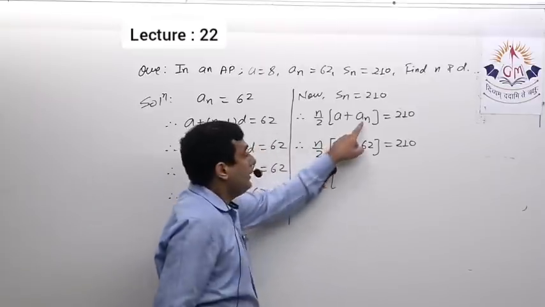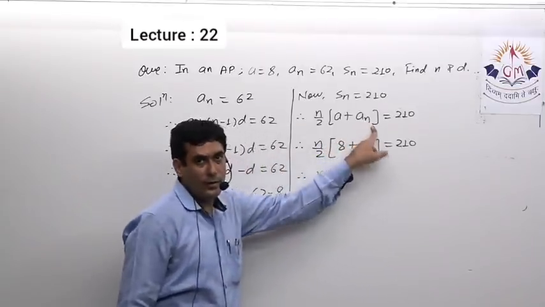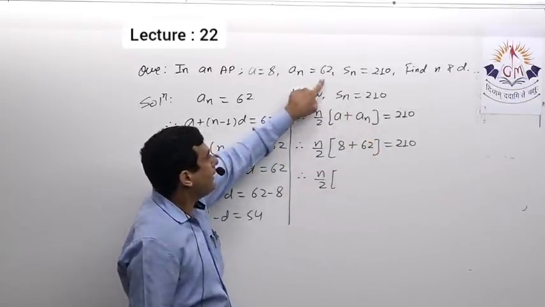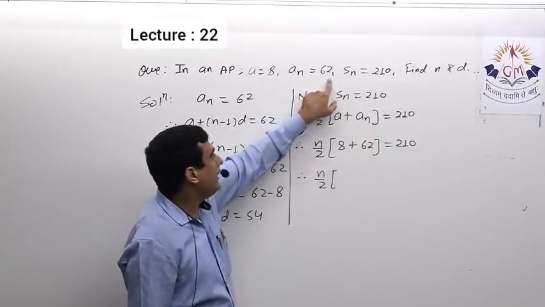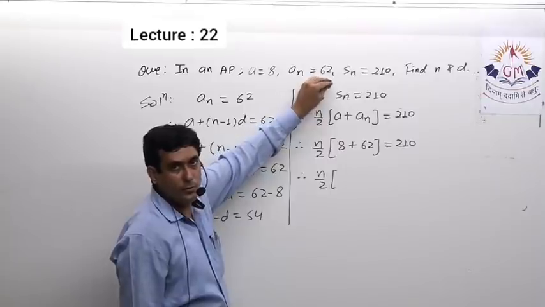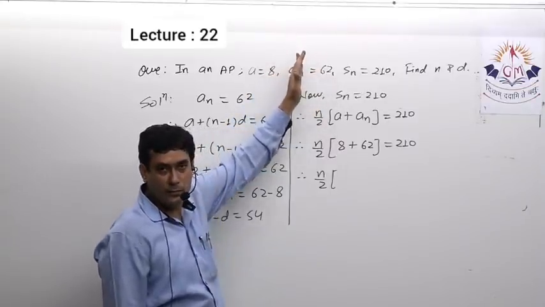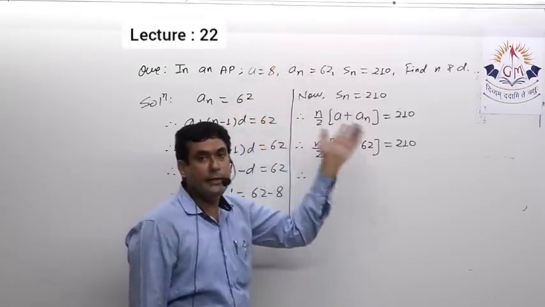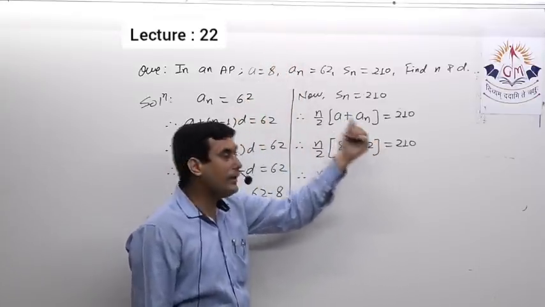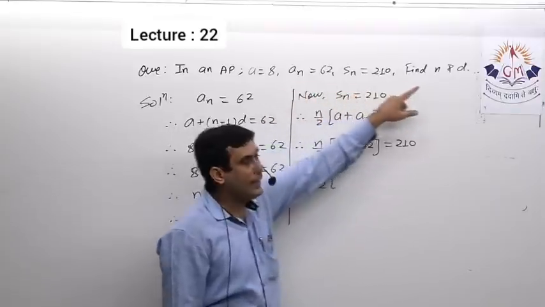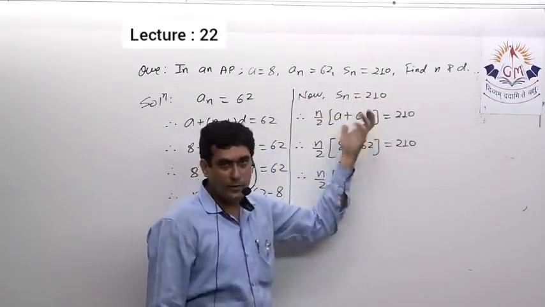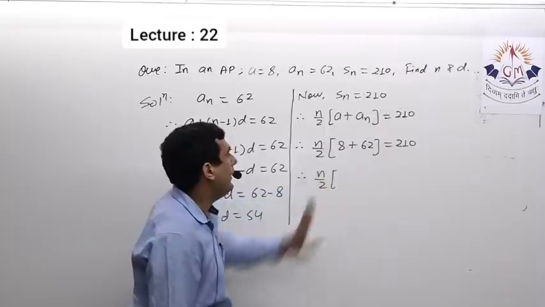See, if I write l or an doesn't matter because nth term is last and we are talking about terms only. If we are talking about 3 terms, then third term will be the last term. If we are talking about 19 terms, then 19th term will be the last term. Here we are talking about n terms, so nth term will be the last term. So I can replace l by an.